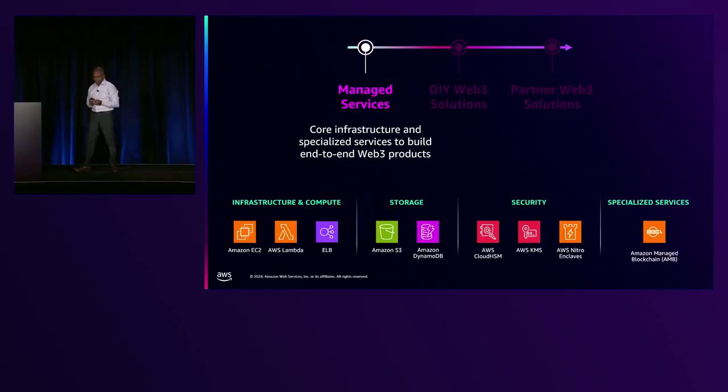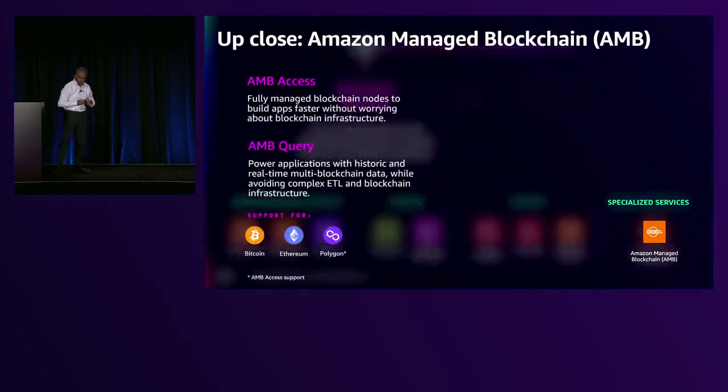Let's take an up-close look at Amazon Managed Blockchain before we move on and talk about other foundational pillars. There are two separate offerings within AMB: AMB Access and AMB Query. AMB Access provides public blockchain RPC access for Ethereum, Bitcoin, and Polygon networks.